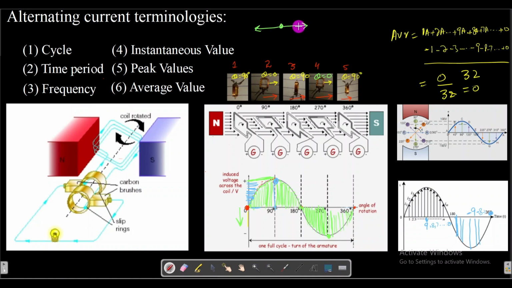It reaches the positive axis, and with the same magnitude but in the opposite direction, it will cover this distance in the negative x direction. So these distances will cancel each other and their average will become 0. So from this graph we can also find that the average will be 0.